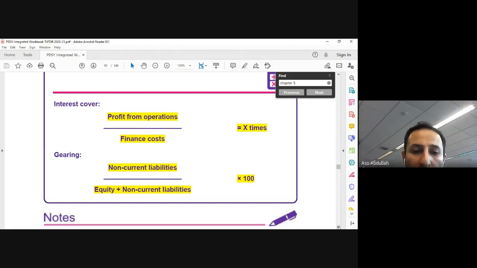But in return you have to pay interest. So we compare interest cover through profit from operations and finance cost. Gearing, we can say, is non-current liability divided by equity plus non-current liability. So this is another way.